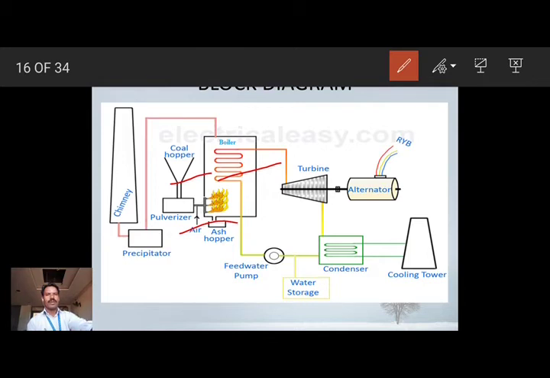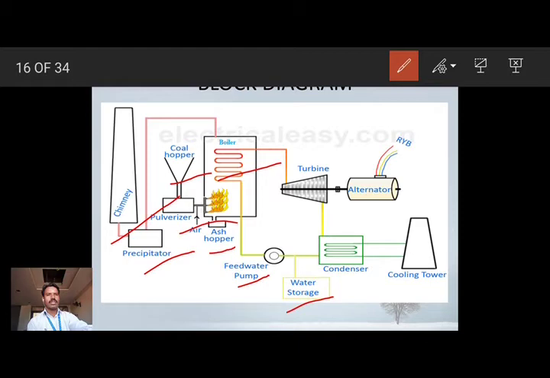The pulverizer injects the coal as very fine particles. The precipitator removes the ash coming from the flue gases, and the chimney sends the gases out to the atmosphere. The ash hopper carries out the ash from the bottom side of the boiler. The feed water pump supplies water to the boiler, and the water storage produces an adequate amount of water.